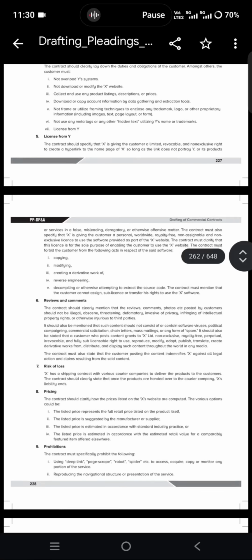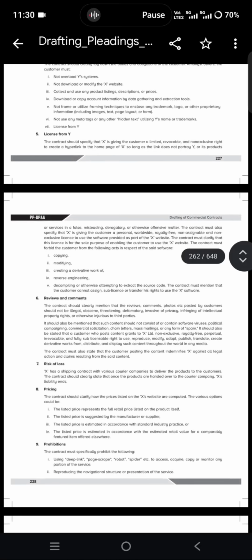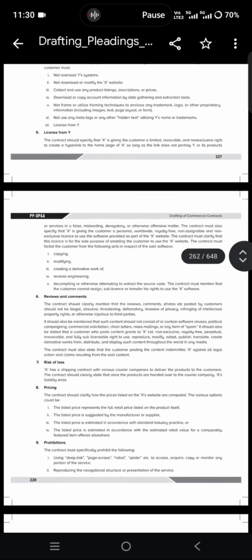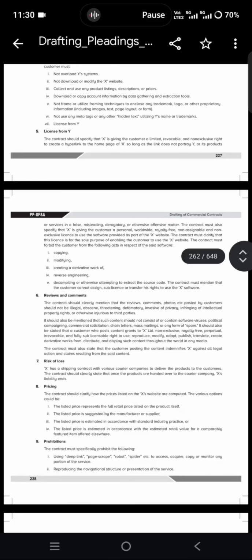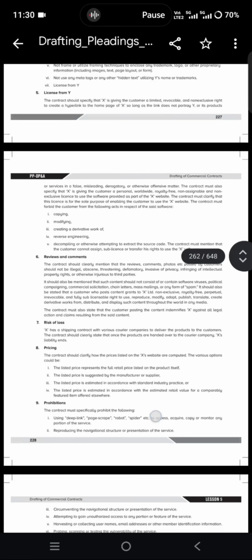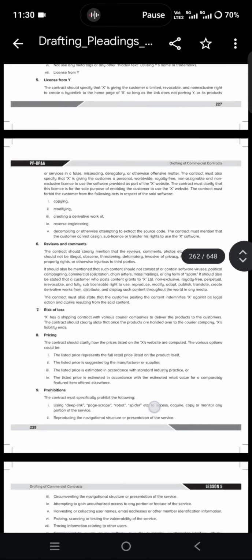And limitation of liability. The contract must clearly mention that X Limited and its subsidiaries, affiliates, and licensors will not be liable to the customer for access delay or interruptions to the X website. Means related to the website, what can the manufacturer or seller do? Loss of the registration or processing of an order. So if any issue came in processing of an order, that is with the website itself, not the manufacturer company.